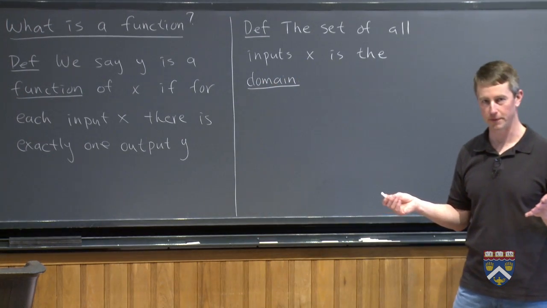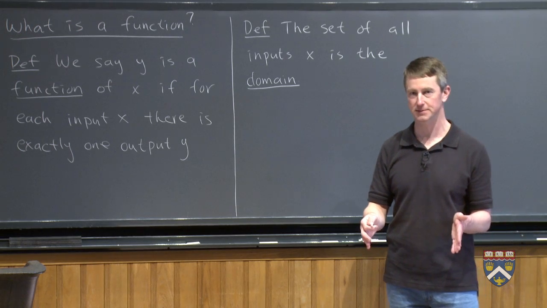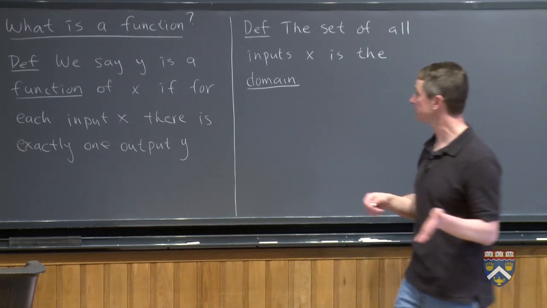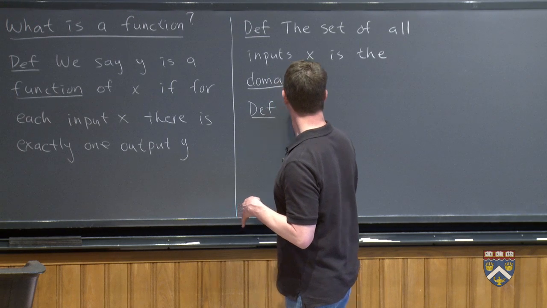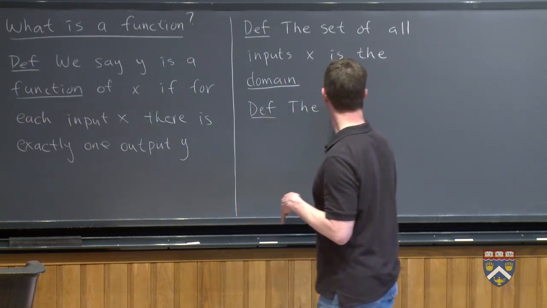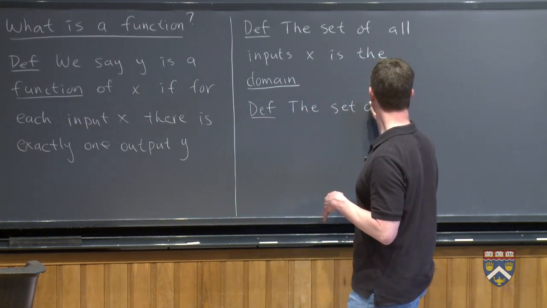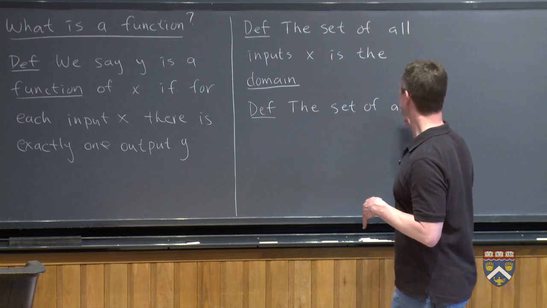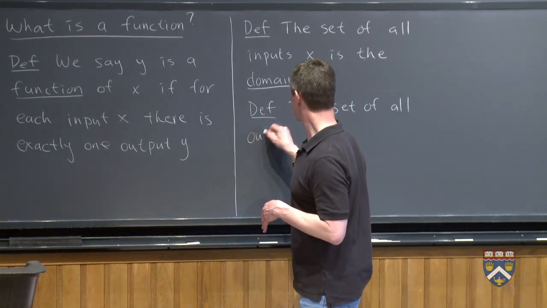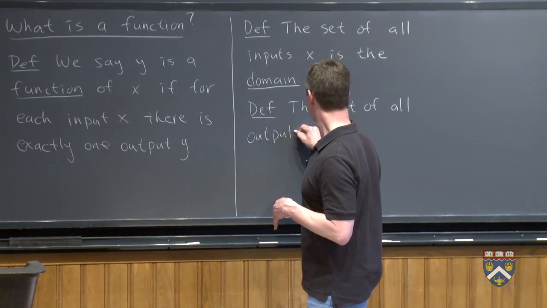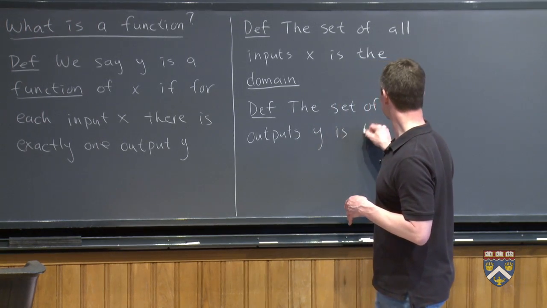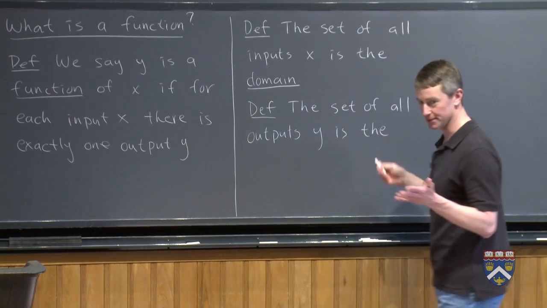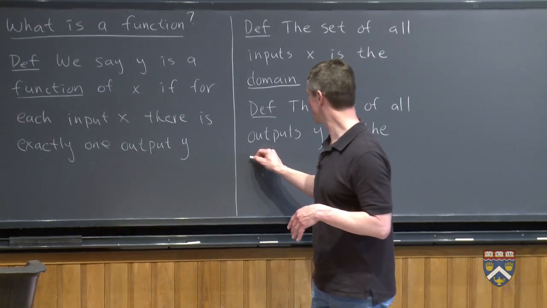And then, of course, if we have a word that describes the set of all the inputs, we must have another word that describes the set of all the outputs. So the set of all outputs y is, and I hope you've seen this word before, is the range.